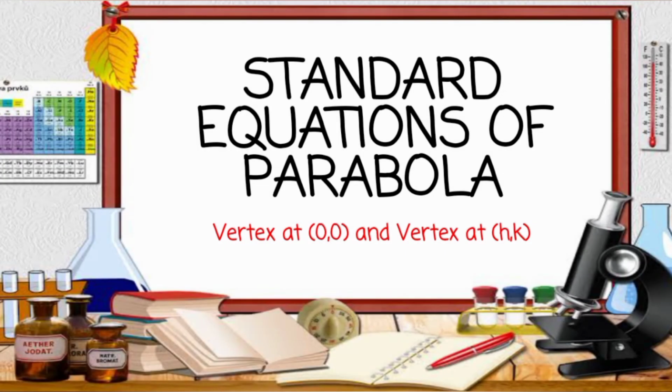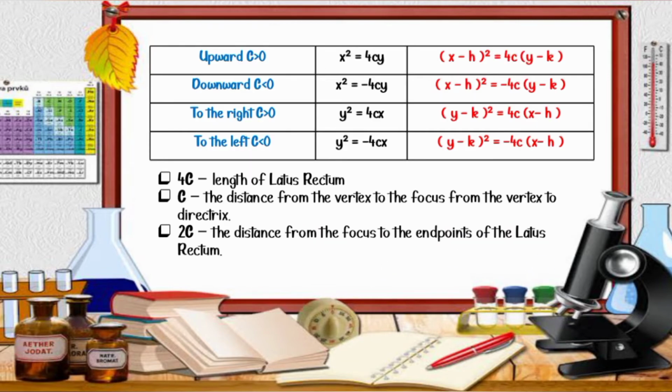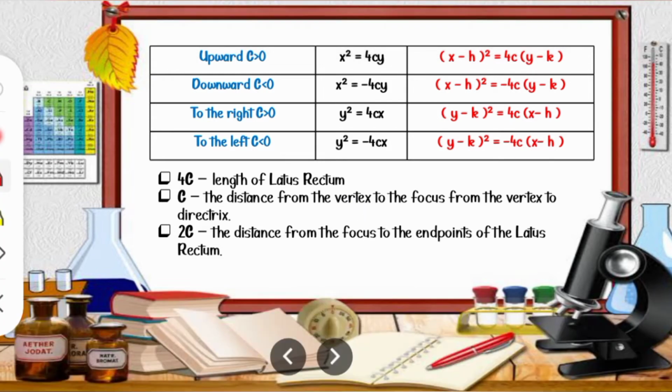Standard equation of a parabola: vertex at (0, 0) and vertex at (h, k). So we have an illustration to understand how we can determine the standard form equation of the parabola. The parabola opens upward if c is greater than 0.